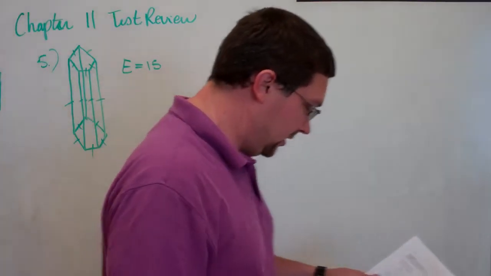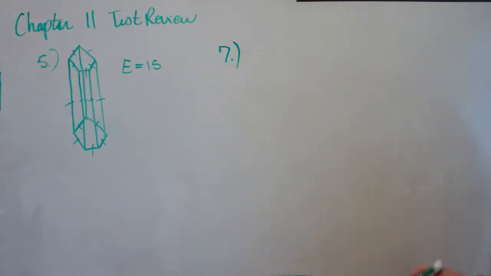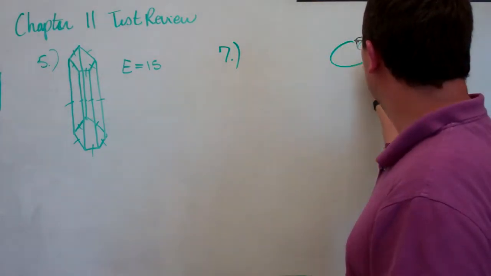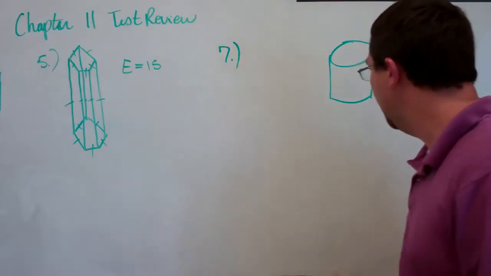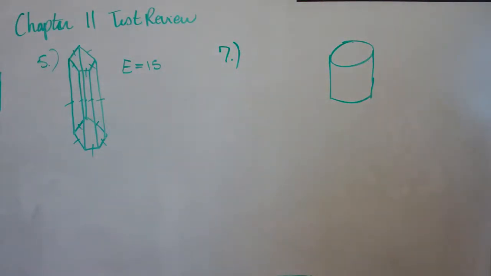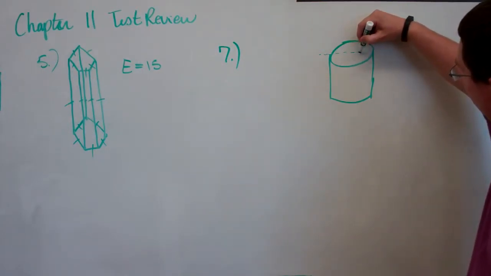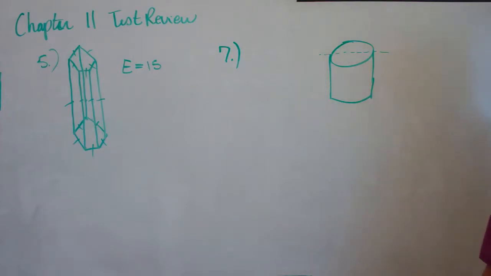All right. Now, number 7. For number 7, we have a cylinder being cut by a plane. I know it doesn't look exactly like this, but imagine this as a birthday cake. Imagine you took the knife, and instead of cutting out a slice, you're just going to take half the cake.